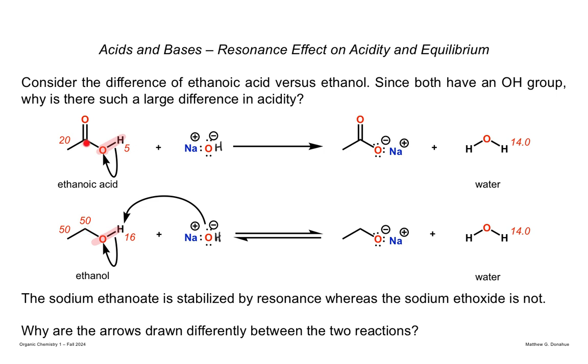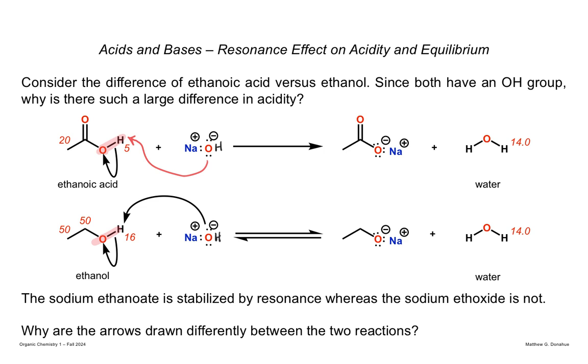The presence of that carbonyl group drops the pKa by a factor of 10 to the 11th. This is 10 to the 11th times more acidic. So when you treat with sodium hydroxide, that's the base. It's going to abstract that hydrogen.